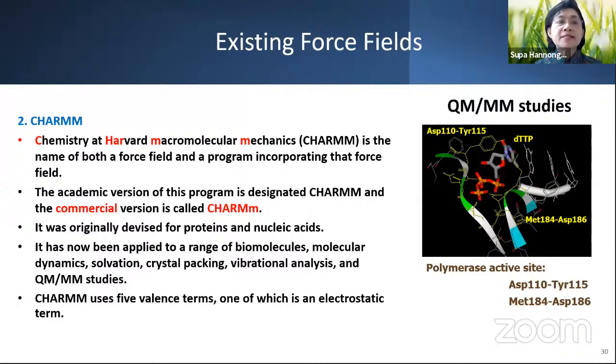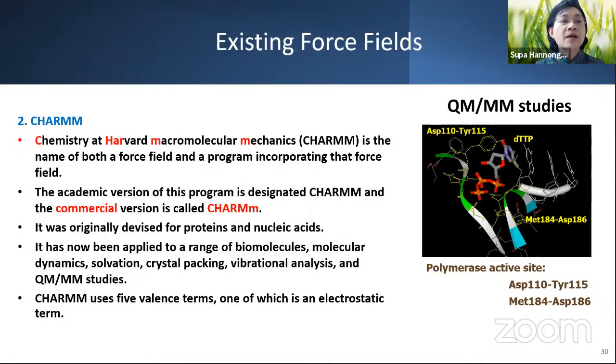The second force field that I would like to introduce to you is CHARMM, also very famous. And one of the professors that developed CHARMM obtained a Nobel Prize, which I introduced to you last time, right? You remember Professor Karplus and some other scientists, professors that also shared the Nobel Prize.